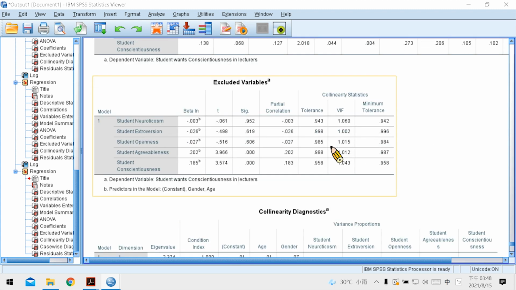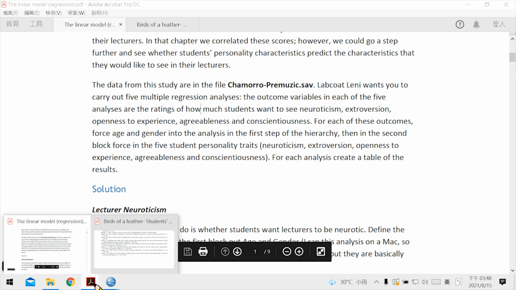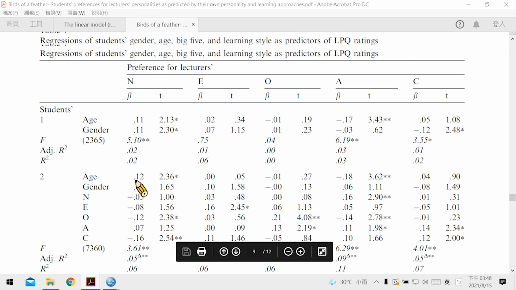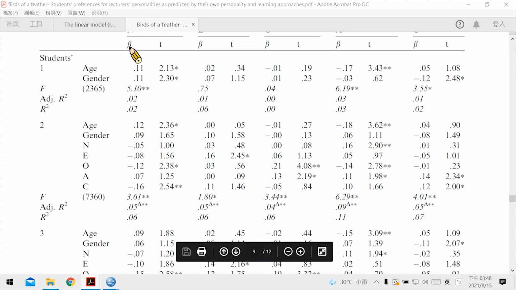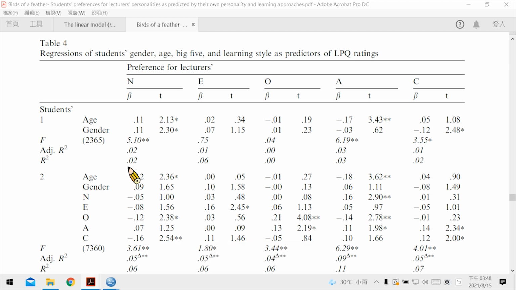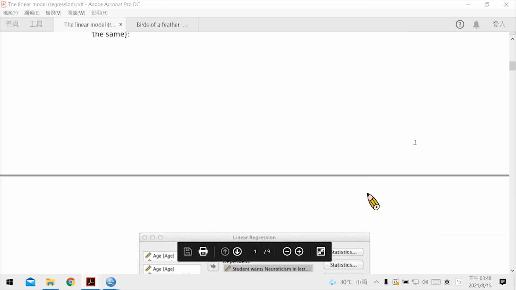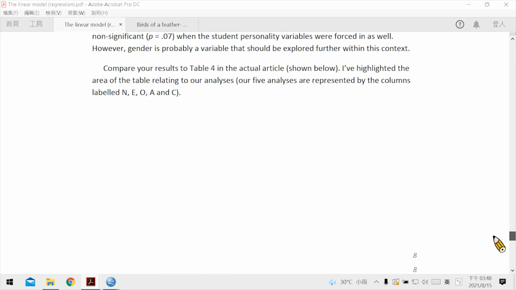So you can see the article in here. This chart is that we run 5 times, 1, 2, 3, 4, 5. So this is the presentation practice.